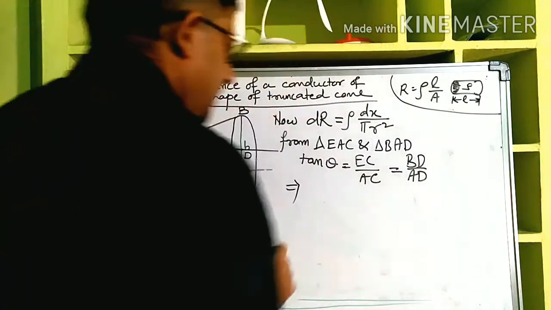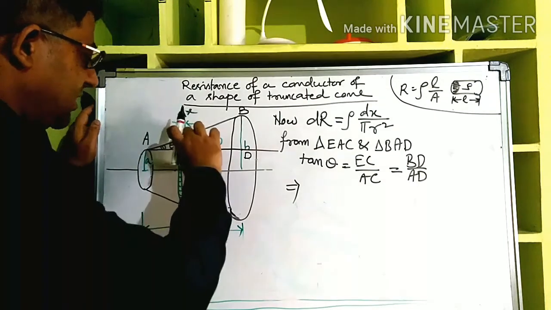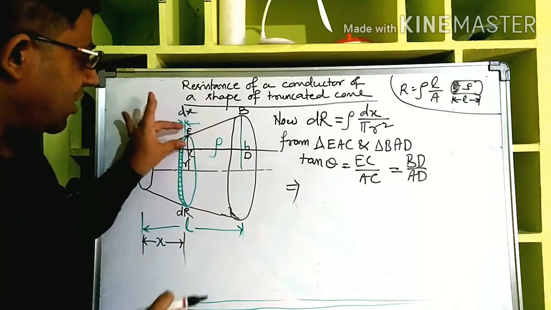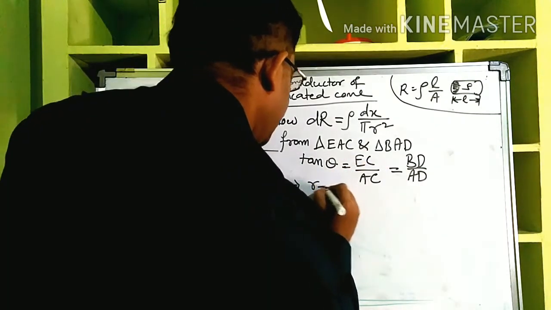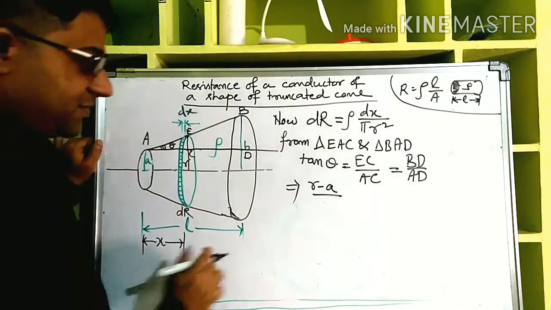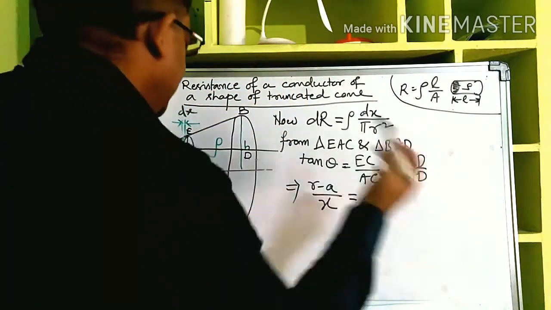See, what is EC? From here to here it was distance r, right? From r if we cut a, how much remains is EC, right? So for EC I can write r minus a, by AC, and AC is x, which we have taken, is equal to BD by AD.